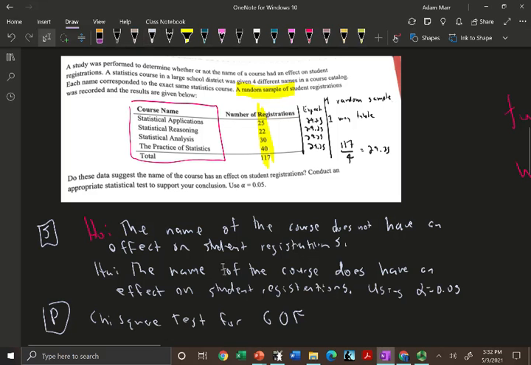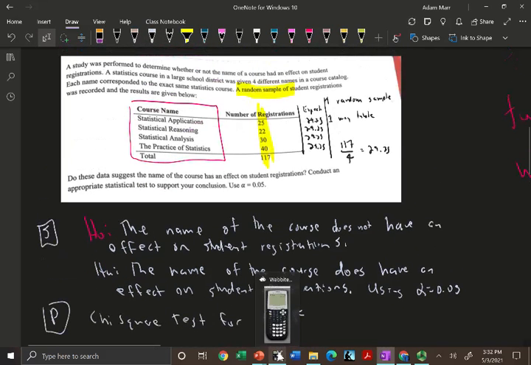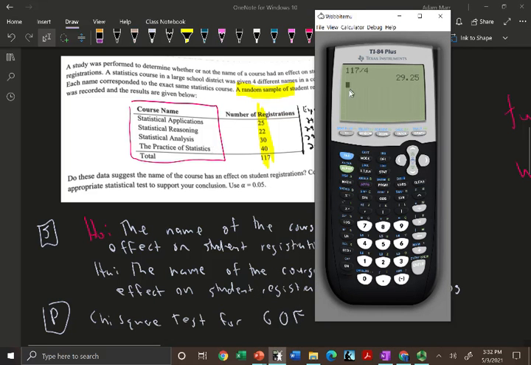No problem. One thing that we want to do for the calculator on this is a little different. For goodness of fit, it's only a one-way table, so remember how we do this, we go to stat and edit, and we put our information in L1 and L2. So clear it up, highlight there, clear it up. L1 is 25, 22, 30, 40.